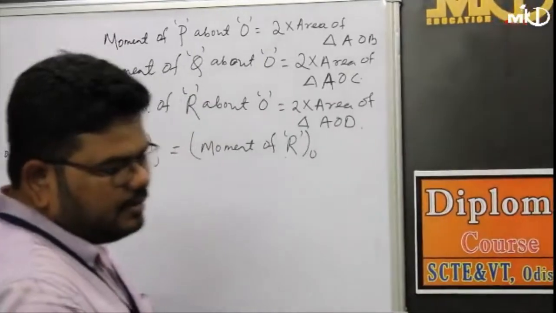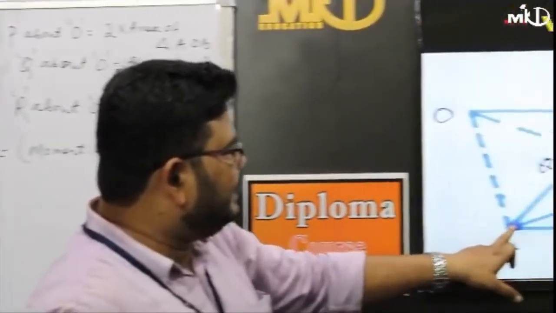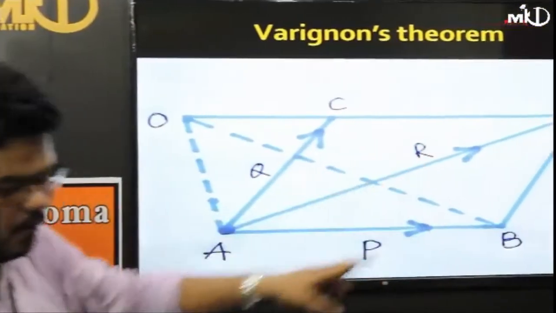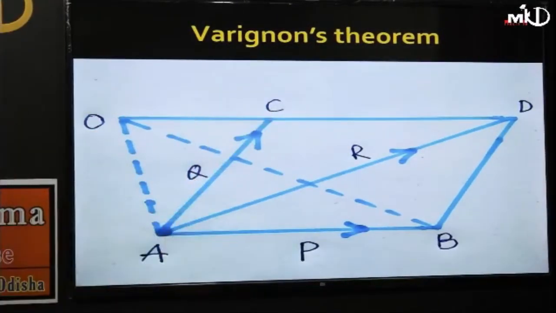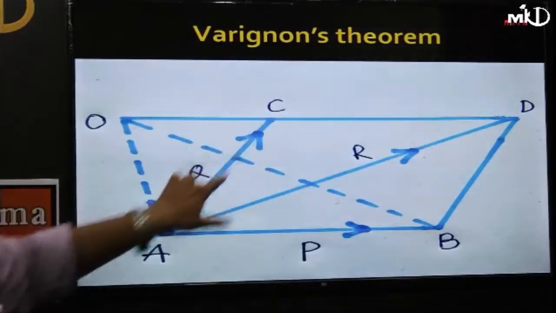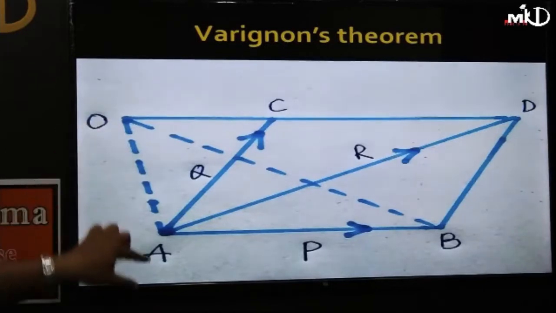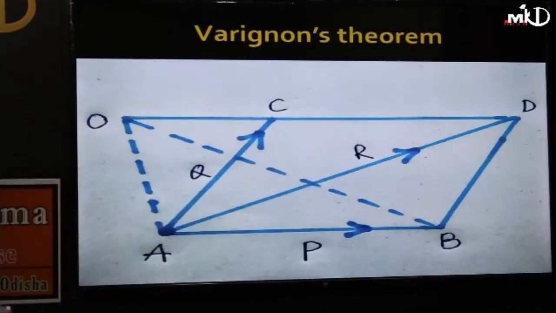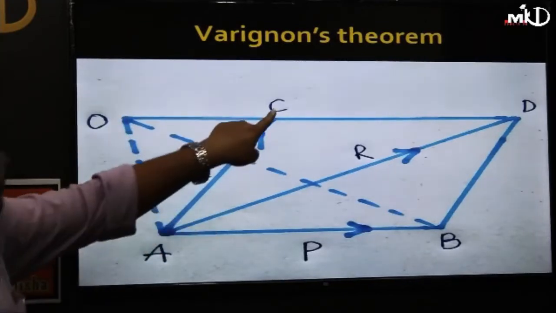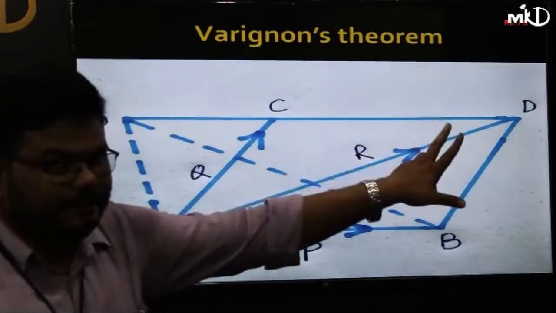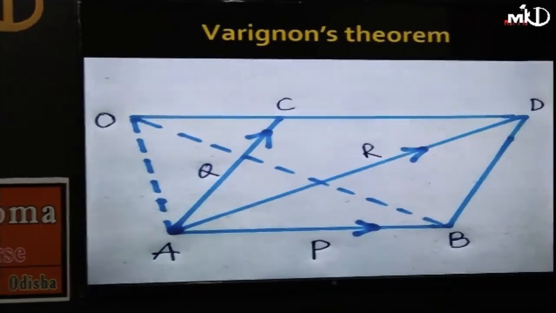From the geometry of the figure we see that the area of triangle AOD will be equal to the area of triangle AOC plus the area of triangle CAD.